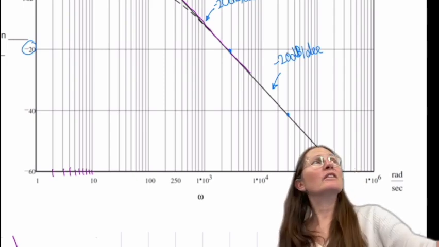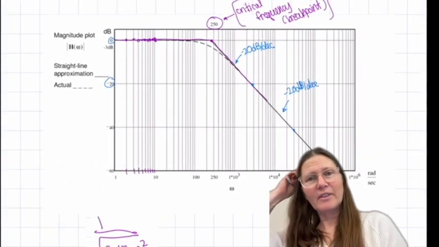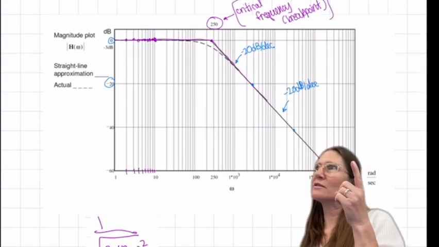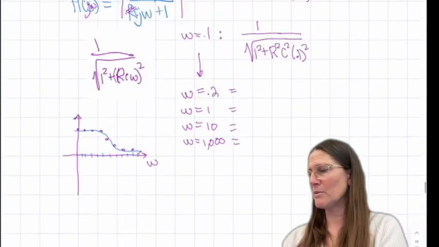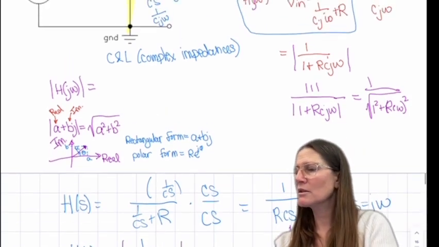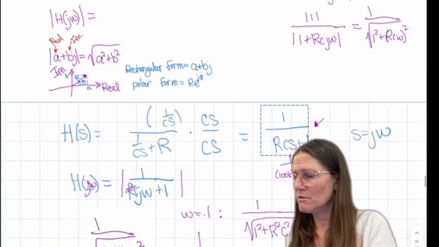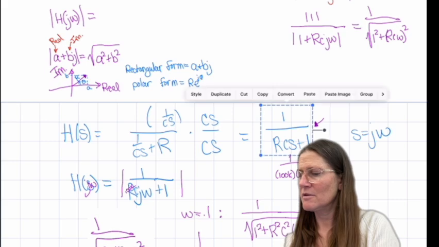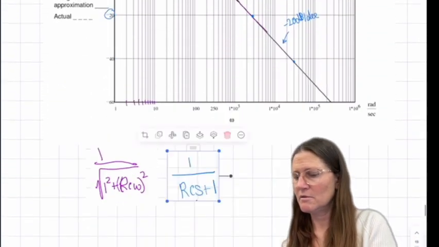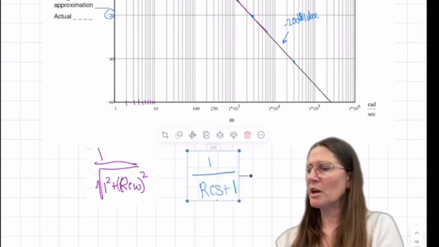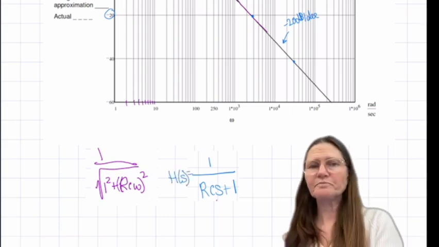So we can use this information, which is nice. We only had one capacitor in this. The capacitor equation ended up, grab the whole equation. Okay, so here's my H of S equation.